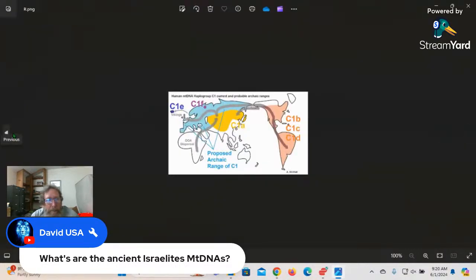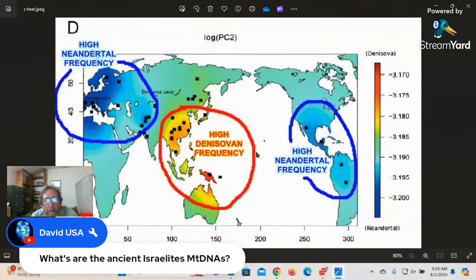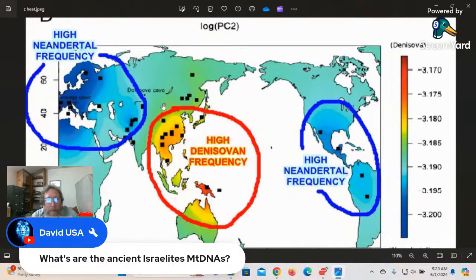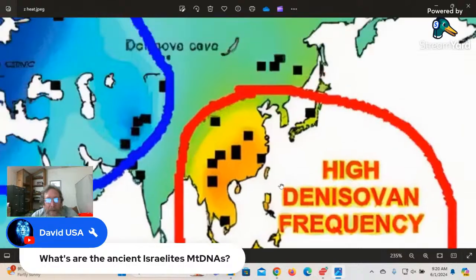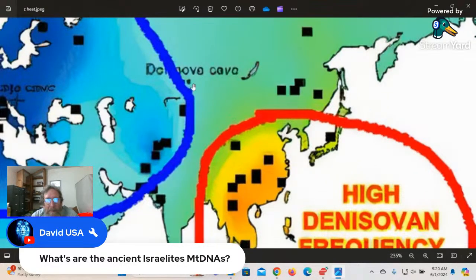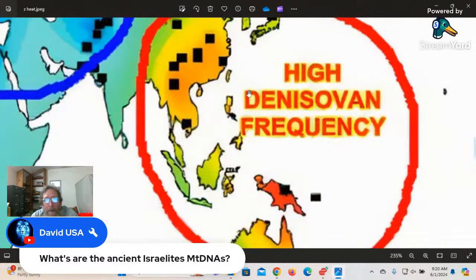So, yeah, this is interesting here because here's Denisova Cave up here. Denisova Cave's way up here. The people who have the most in common with the Denisovan found are people in this area of South Asia.